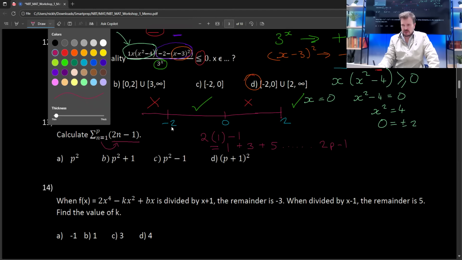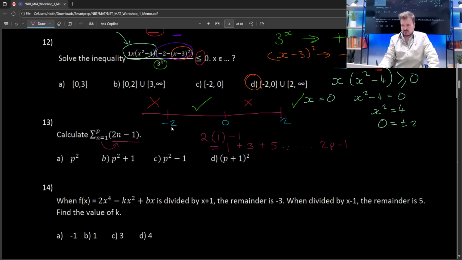I'm going to ignore this last part, because it doesn't really matter too much what the 2P is. The main thing is that we've got a difference of 2. The sum of an arithmetic sequence says that n over 2 times, open brackets, 2a plus n minus 1 times the difference, d.